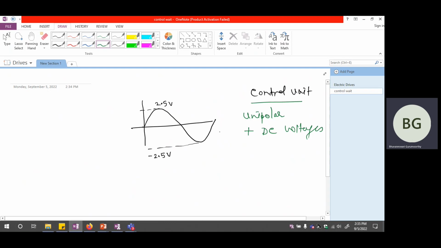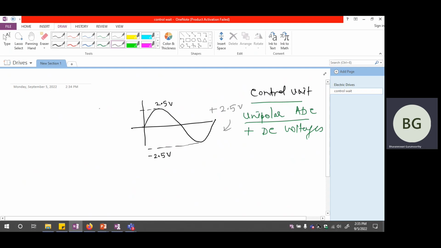It will not be able to handle the negative voltage. But I have to pass this transducer signal to the ADC, and the analog to digital converter is a unipolar ADC. So in which case, I might try to add another 2.5 volts to this particular signal.